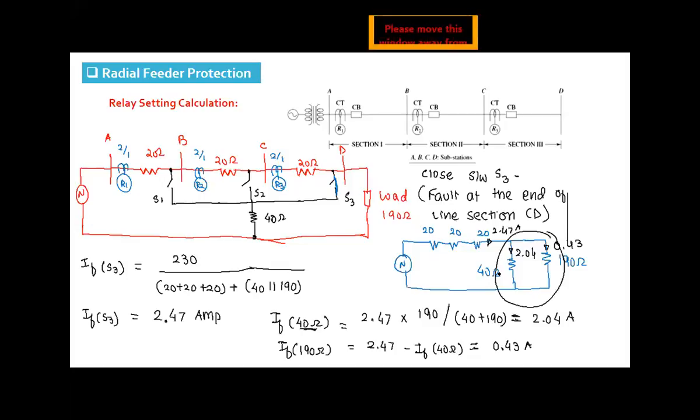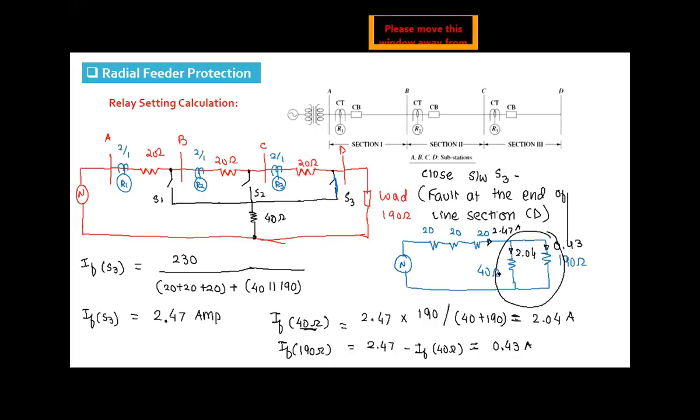Now what is pickup of R3? See the table. For your reference, I have said that keep that table for you. What is pickup of R2? And pickup of R1 is 2. See what is total fault current that will pass through all three relays. If they are in series, relay R1 is here, relay R2 is here, relay R3 is here.